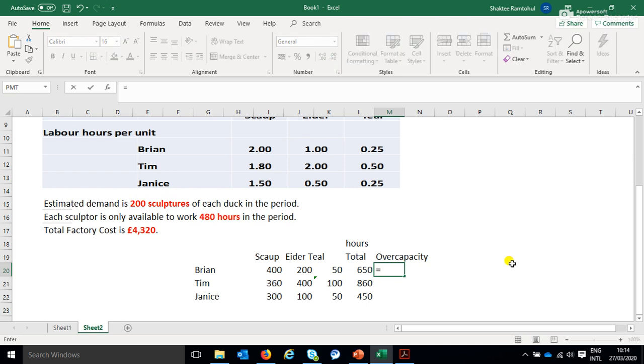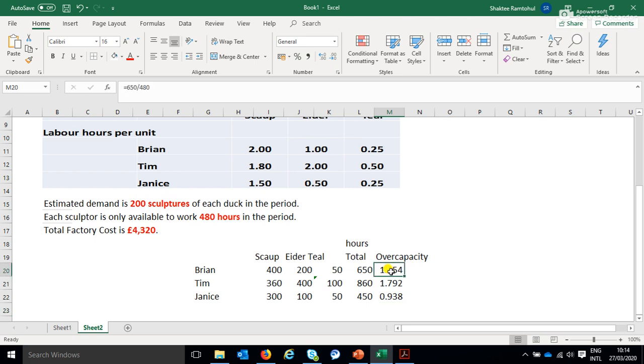We take 650 divided by 480, then 860 divided by 480, and finally 450 divided by 480.